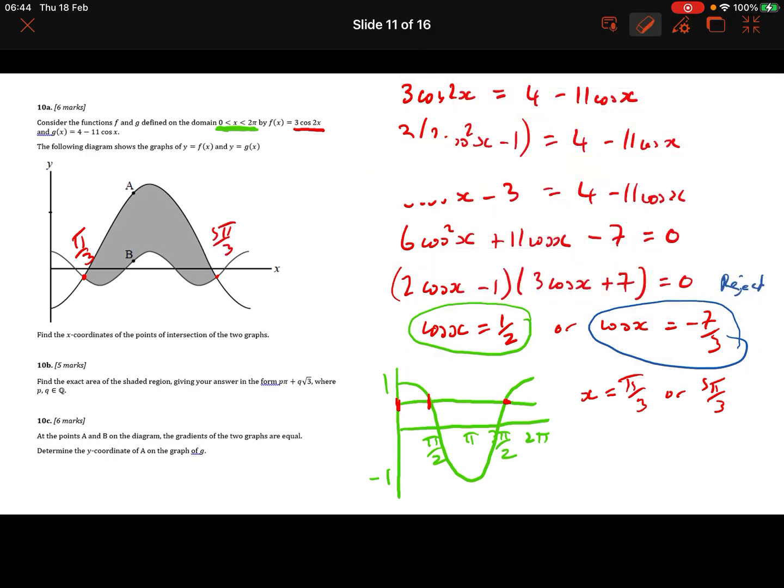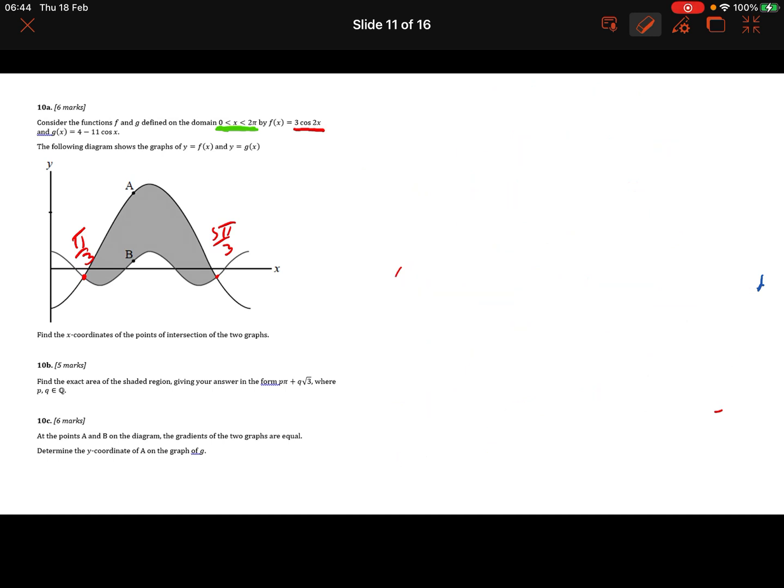Right, 10b, okay, tough enough question, but entry into the question is not difficult if you've done your work, if you've done your revision. Yet, there are so many fiddly little bits that you might make a mistake with at some point on the way, but there's no excuse, okay? We've got to find the exact area of the shaded region.